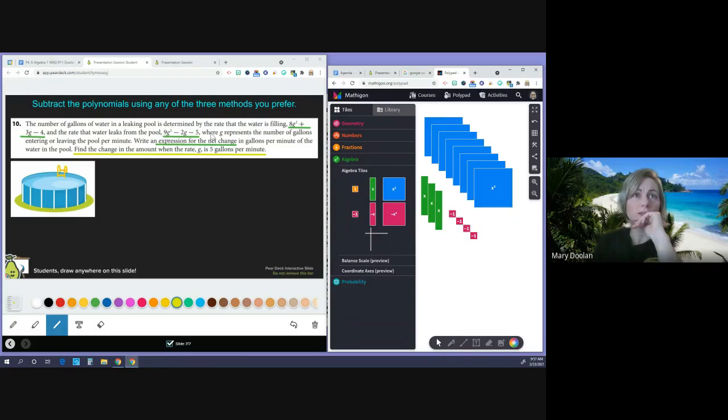Before I could subtract this one here, remember, the first step is always we're going to rewrite the subtraction as an addition problem. The first polynomial does not change. It's only the second one that changes.